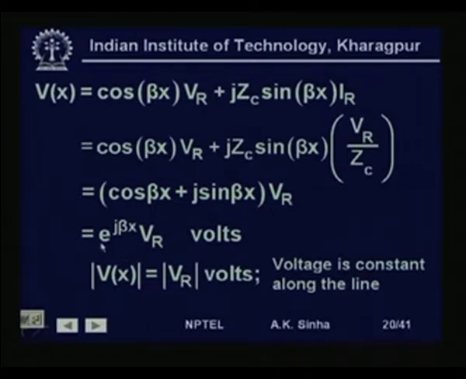So, we get this as equal to e to the power j beta x into Vr volts. Now, if we take the magnitude of this, then we get that the magnitude of Vx is equal to the magnitude of Vr, that is, the voltage at any point on the line is constant, equal to the receiving end voltage.